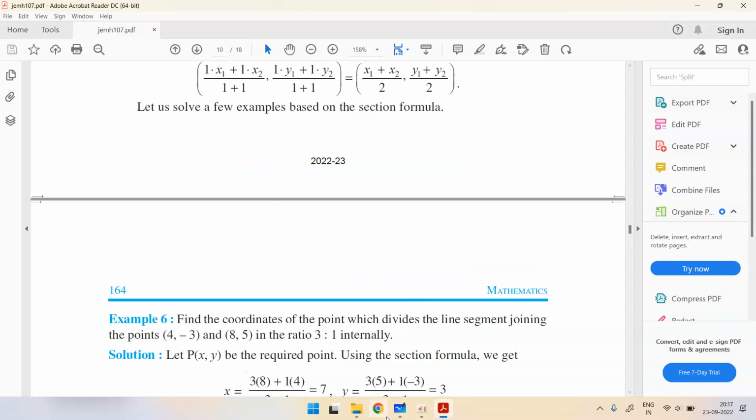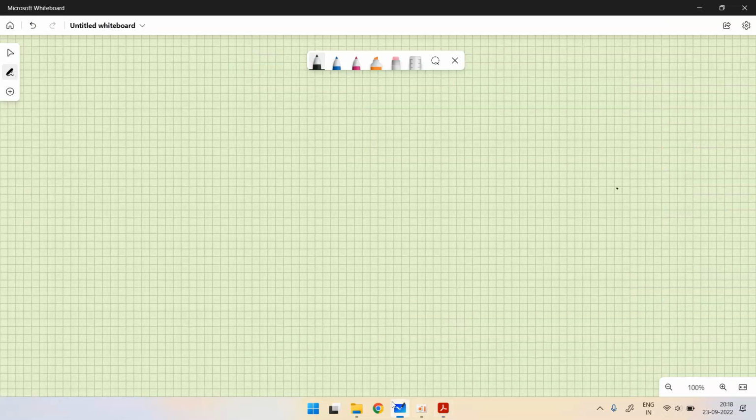Example number 6 says: find the coordinates of the point which divides the line segment joining the points (4, -3) and (8, 5) in the ratio 3:1 internally. There are two points, (4, -3) and (8, 5), dividing it in the ratio 3:1 internally.